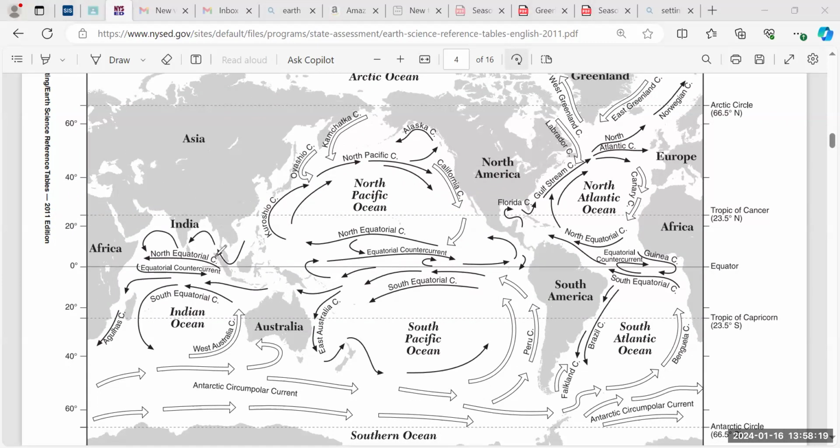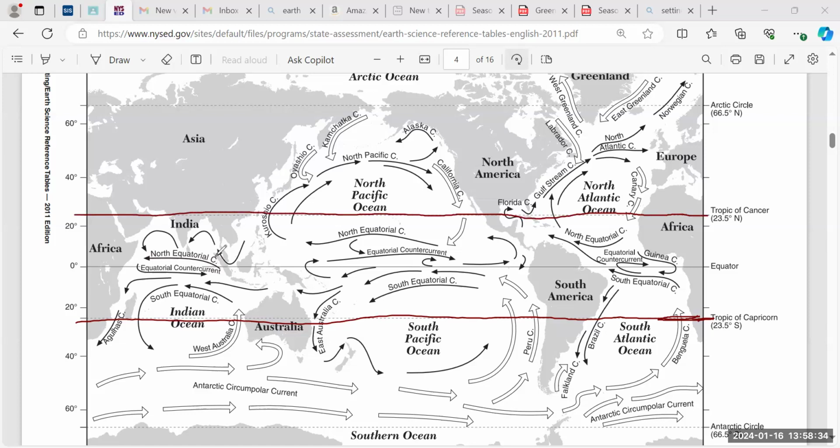The rule is if you're located anywhere between the Tropic of Capricorn and the Tropic of Cancer, including the Tropic of Cancer. So if you're located anywhere in this area, at some point in time during the year, the sun will be directly over your head at solar noon. Now, why is this important? Where's New Jersey?